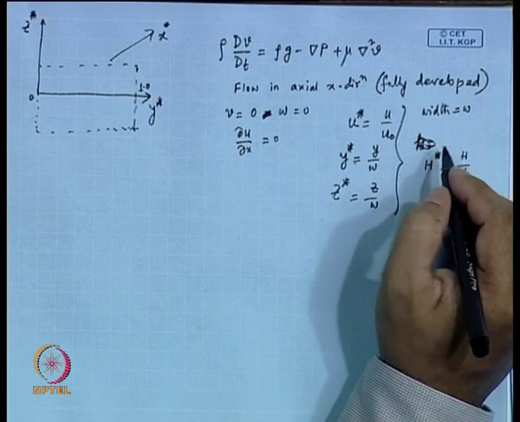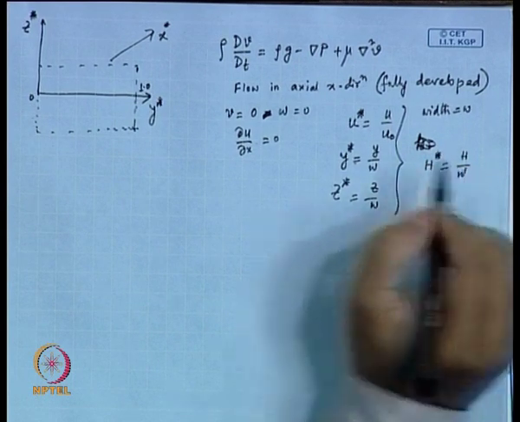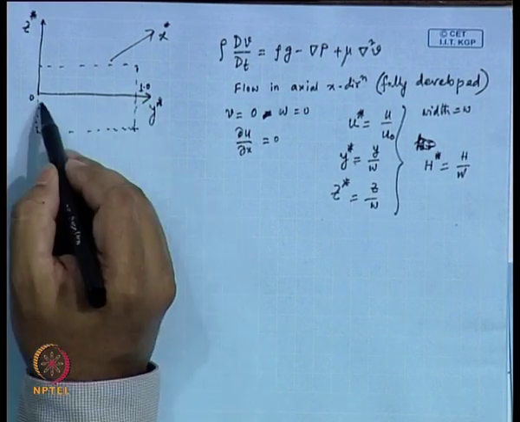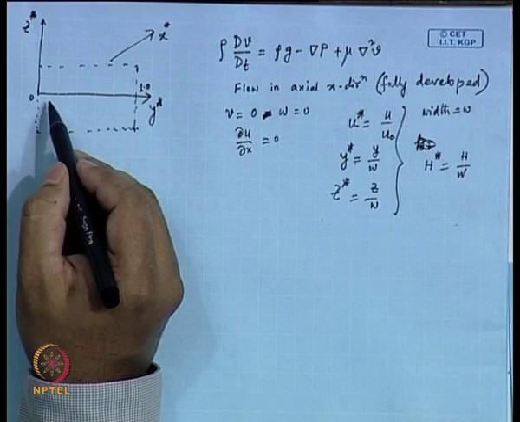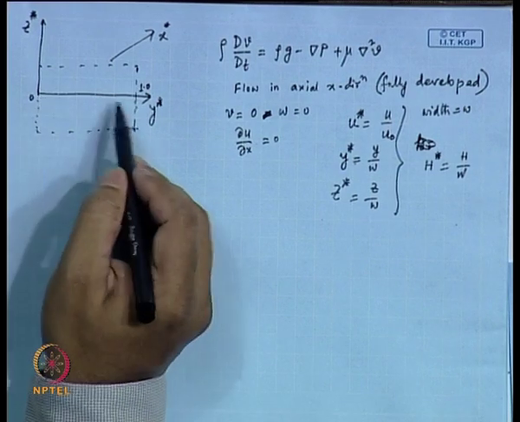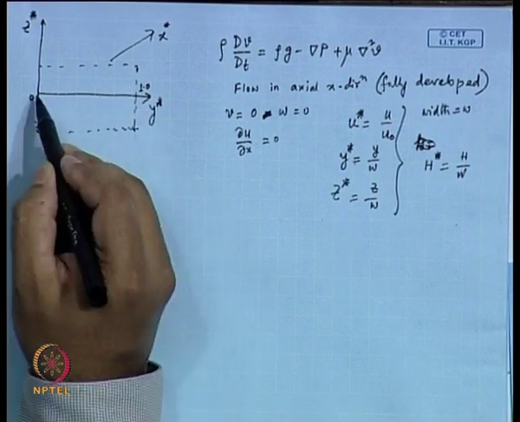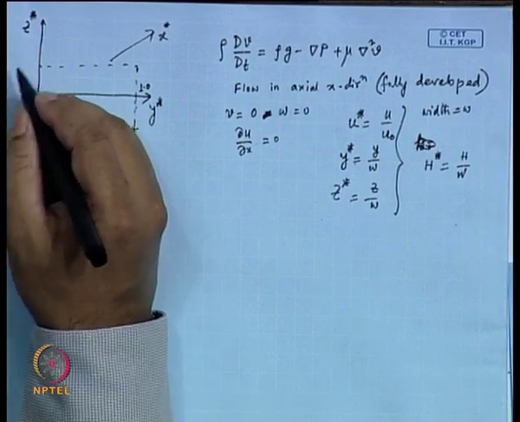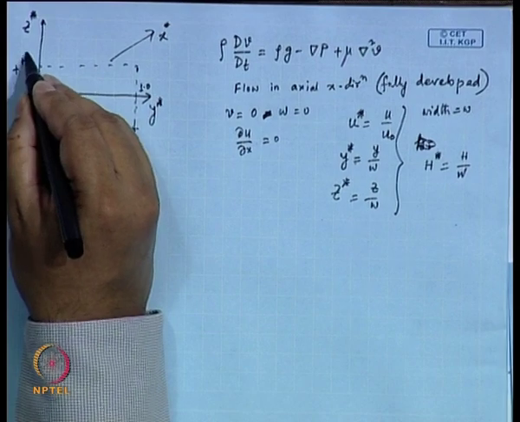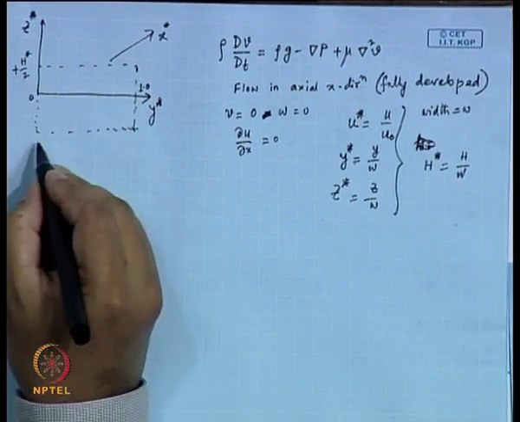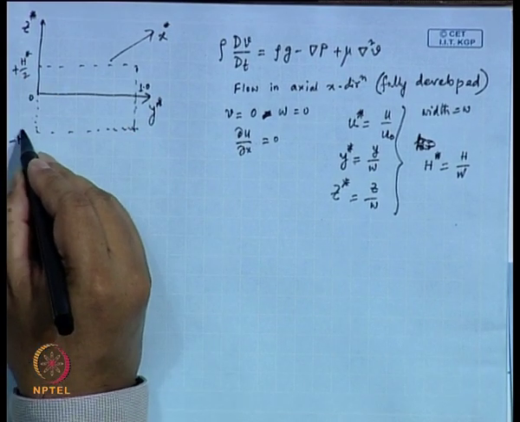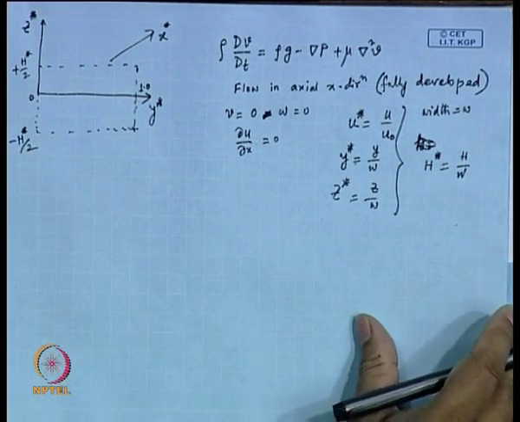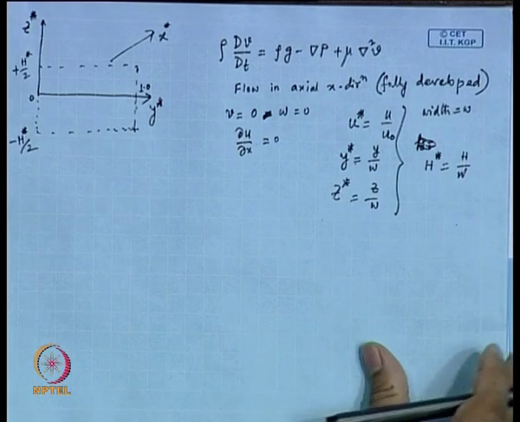Everything we are making dimensionless with reference to w only, w is the width in this direction. So this should be from 0 to 1 when it comes to the dimensions of the channel in dimensionless form. However, this part would be plus h star by 2 to minus h star by 2.